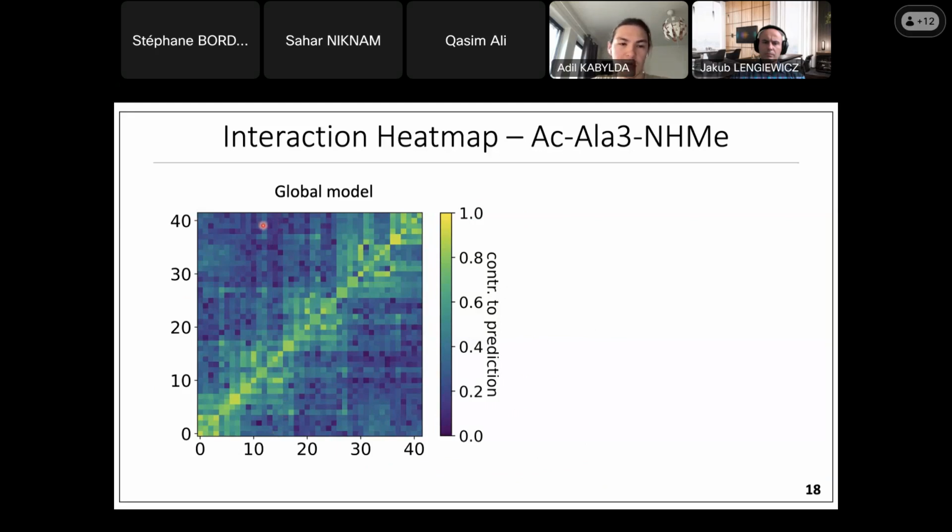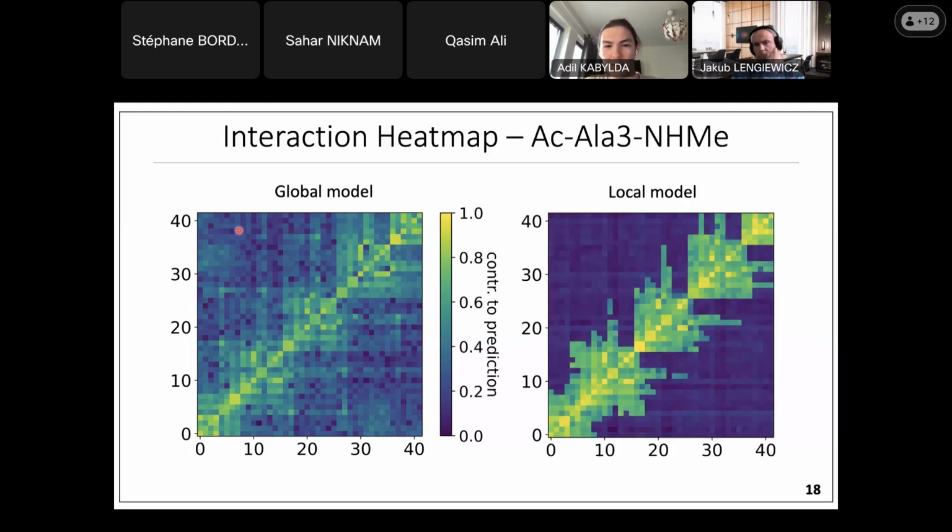So all of them is just basically interaction between 2 atoms, and they're averaged over 1,000 configurations from the training set. And on the diagonal, where we have indices that are close to each other, you see that contributions are higher, and on non-diagonal elements, especially in the corners, everything is kind of dark, meaning that the interactions are very small.